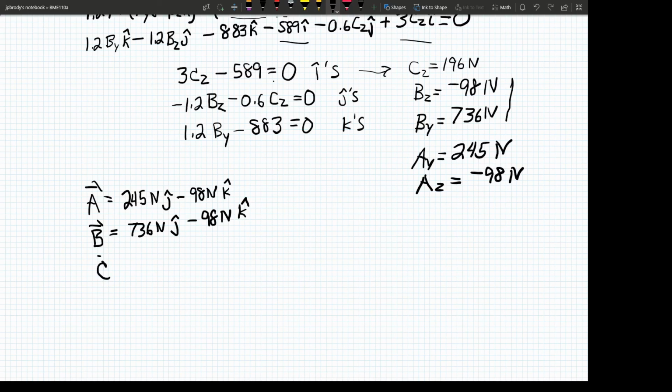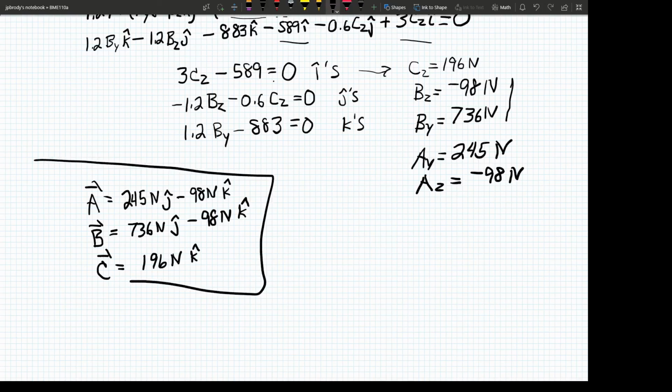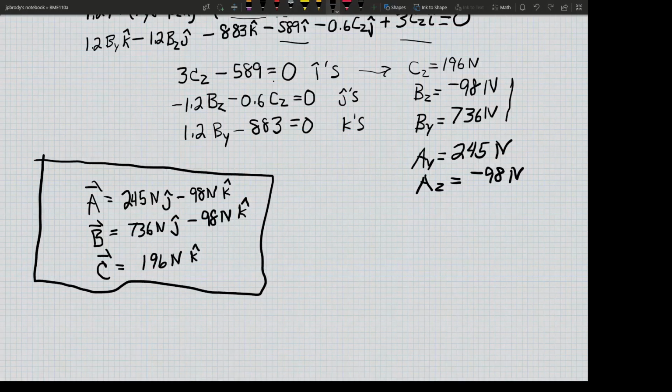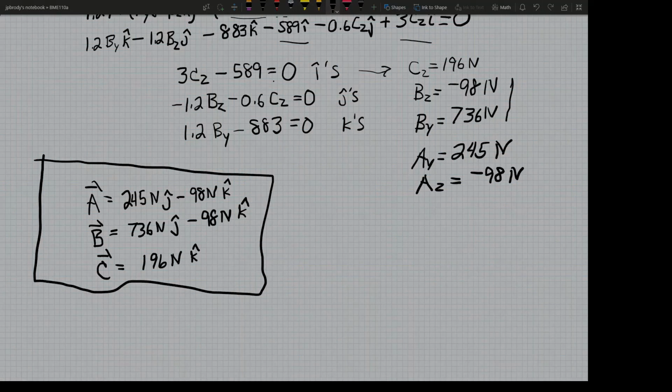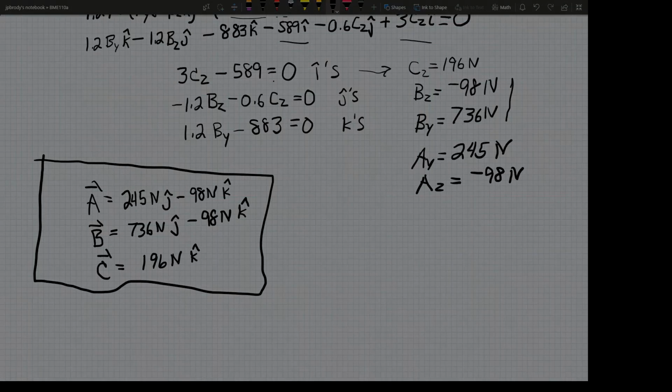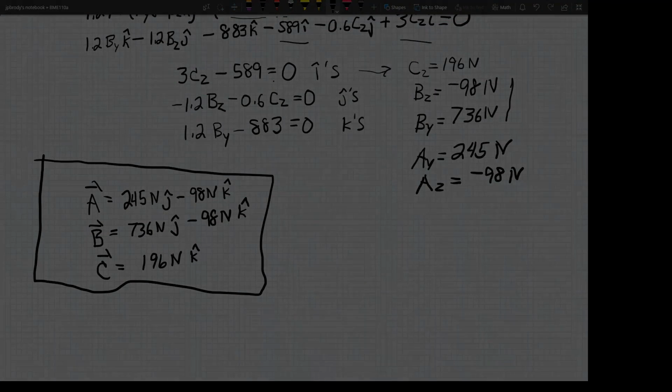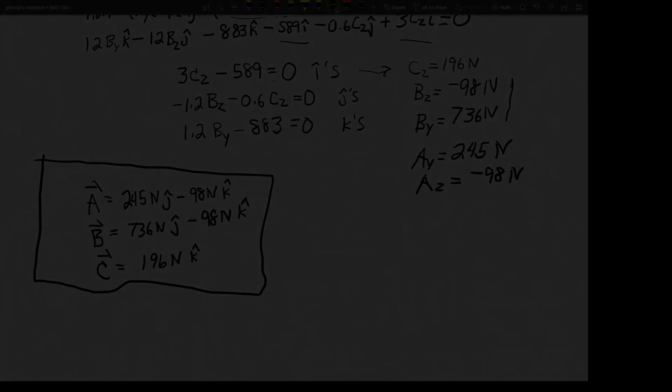And then the reaction force at C just had one component, and it was 196 newtons in the k hat direction. Okay, so these are the reaction forces, and that finishes today's lecture.